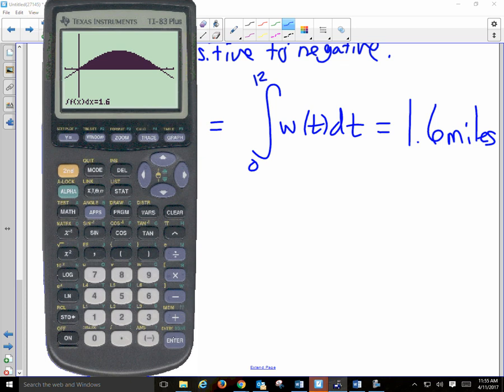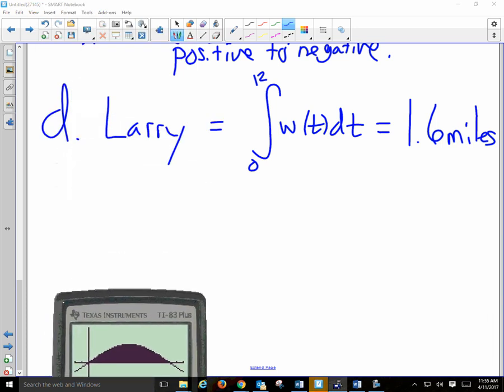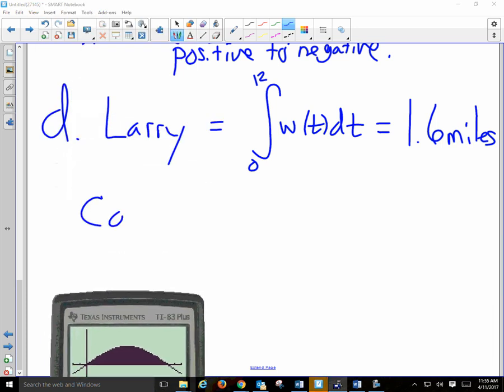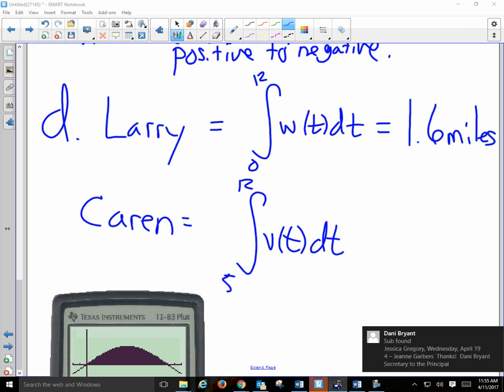And then we have Karen. When you see the answer, I think that they would give us full credit for ours, but I just did the integral instead of 0 to 12. I did 5 to 12. And then what I did is I took, what's her entire distance?